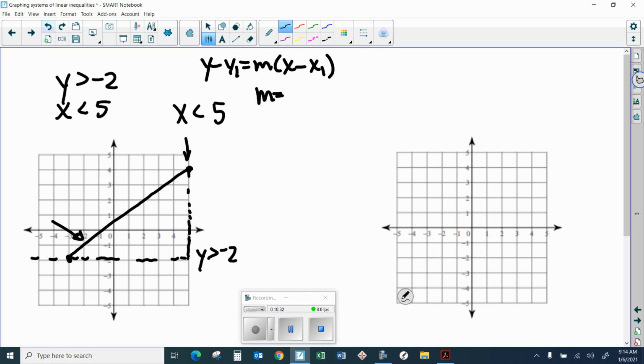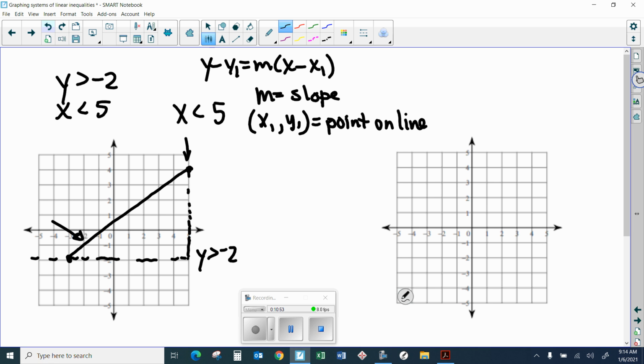M is your slope, and x sub 1 comma y sub 1 is your point on the line. I have 2 points to choose from. I just pick either one.